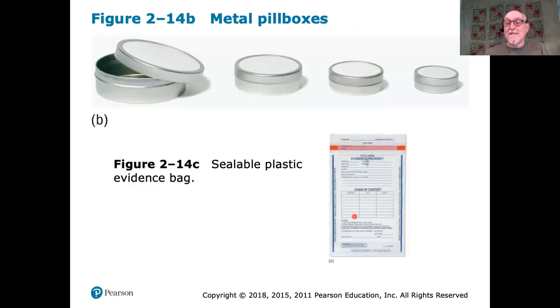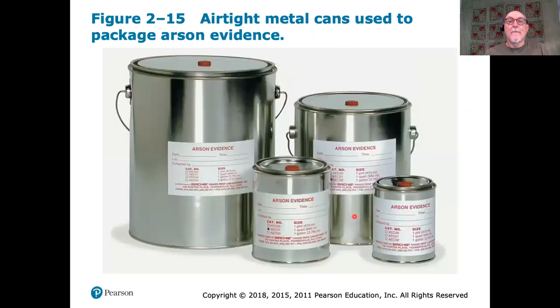So they can be safely sealed in plastic like this. These here are special cans which are used at scenes of arson, because at an arson scene, very, very frequently, an arsonist will use an accelerant, a fuel like gasoline or kerosene to start the fire.